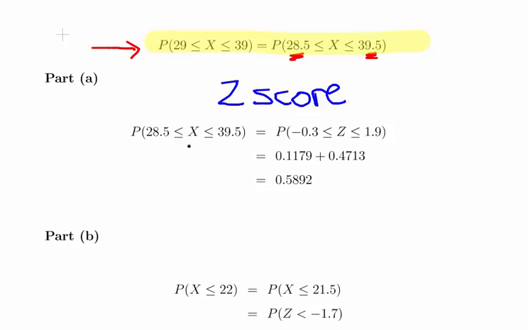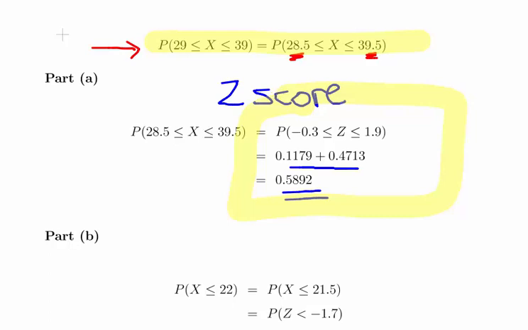Hopefully you should be fairly familiar with that, but when you calculate it out, the z-scores should be minus 0.3 in the first case and 1.9 in the second case, and then you should be able to work that out and get a probability of 0.5892. If you're not really familiar with this stuff, I suggest you go back to the normal distribution questions. That's a fairly standard normal distribution question.